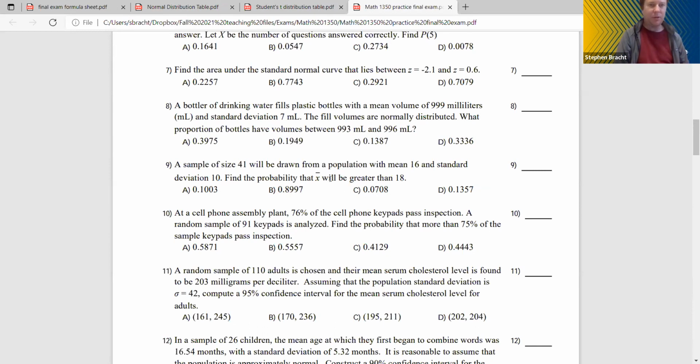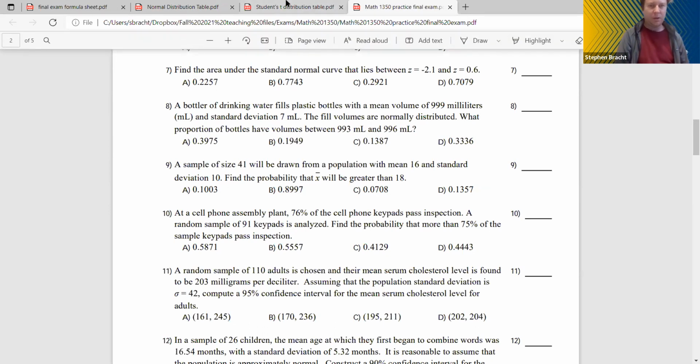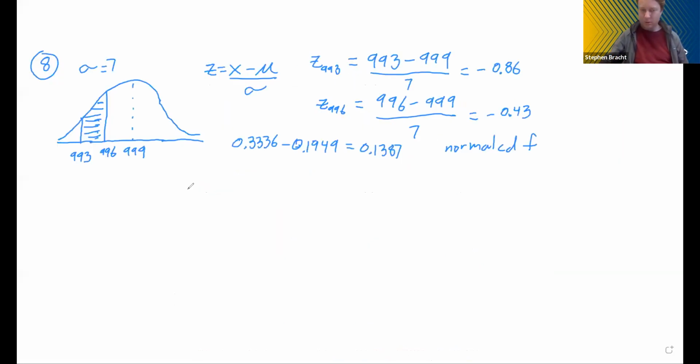And remember that the central limit theorem says that if your sample size is greater than 30, then the sample mean will be a random variable that is normally distributed. And the standard deviation will be the population standard deviation divided by the square root of the sample size. So this is number 9.